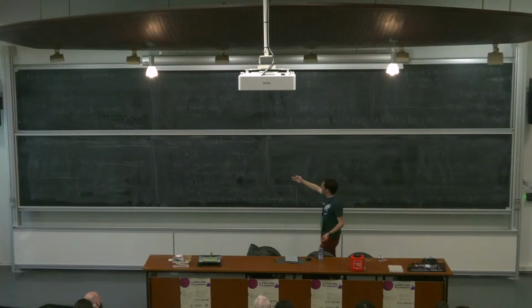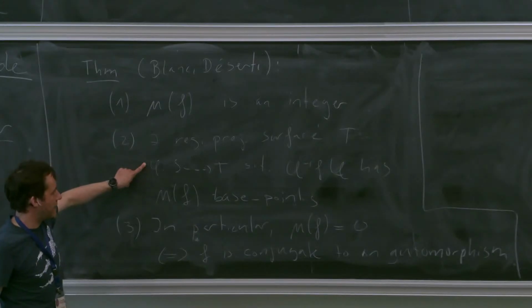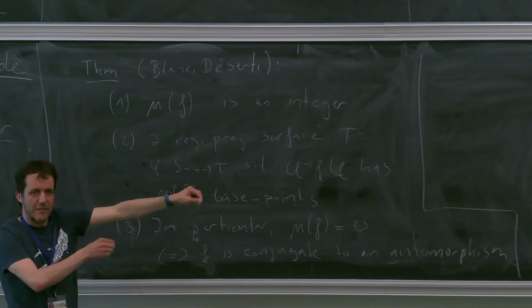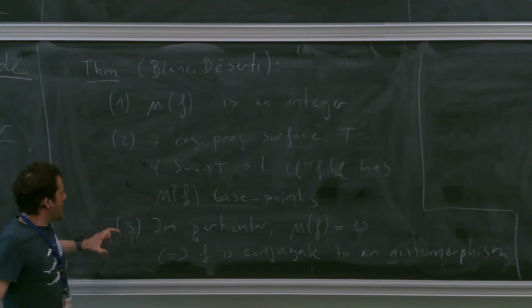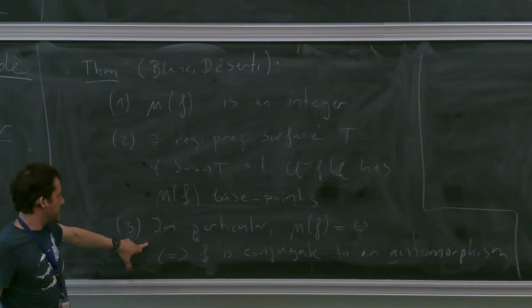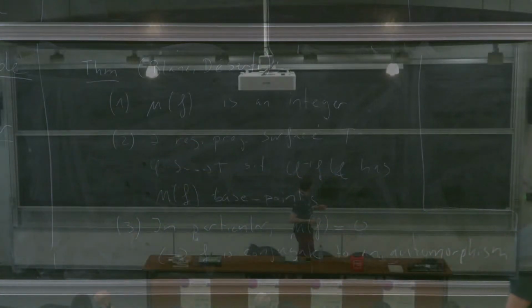I mean, this follows directly out of this discussion. We just go to a point on the axis, and there it has to be mu f plus mu of f inverse. That's the translation length, and this is exactly given by the number of base points. We also see that if this is 0, then it has to be conjugate to an automorphism. So we see the number of base points right from this.